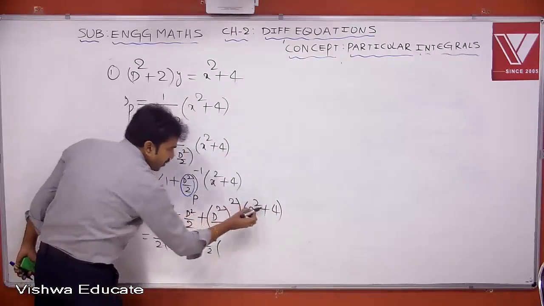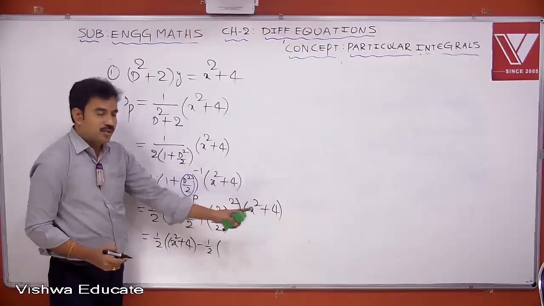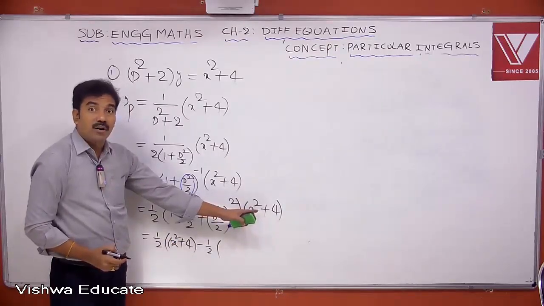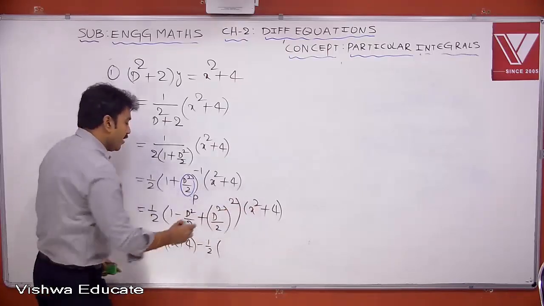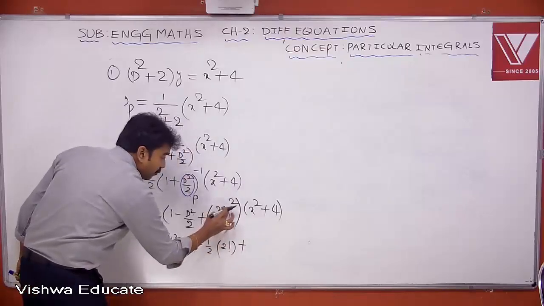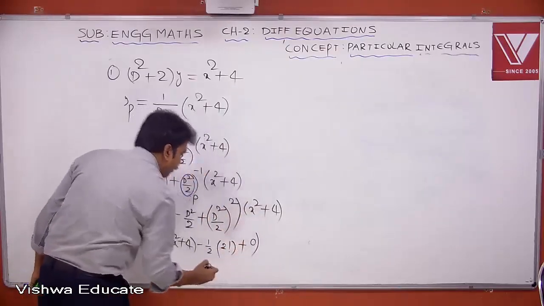Here the power is 2, x square. So therefore this is a second degree polynomial expression. D square of a second degree polynomial expression, that is, D power k of any polynomial of degree k is k factorial. So in this case it is 2 factorial. Now this is a D power 4. D power 4 of a second degree polynomial is 0.